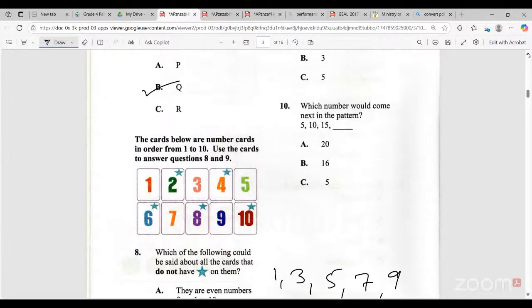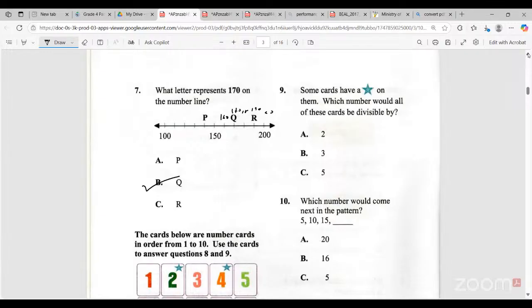What number would you say they are divisible by? Is it 2, 3, or 5? So we're on to number 9 now. All right. So Show Improvement says 9 is that.